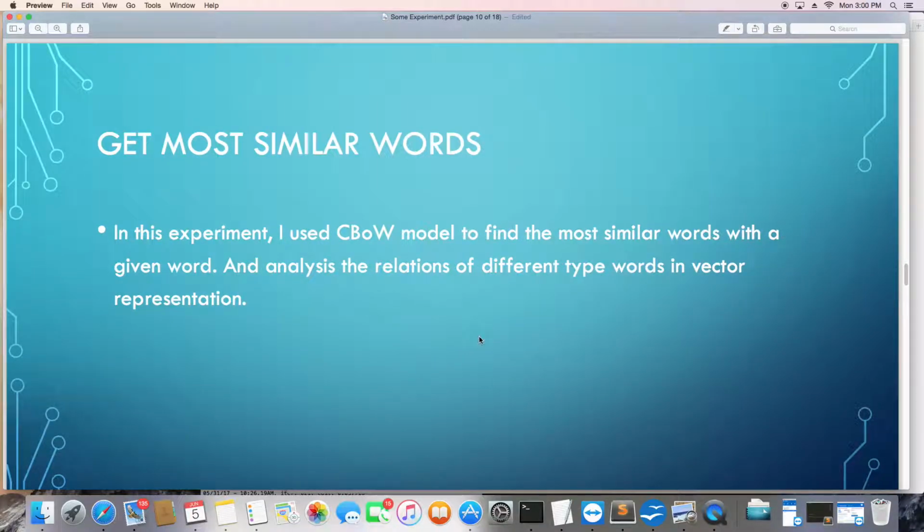The next experiment is get most similar words. In this experiment, I used the CBOW model to find the most similar words with a given word, and analyze the relations of different types of words in vector representation.